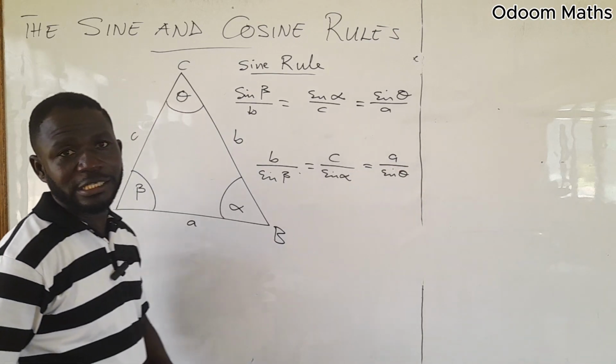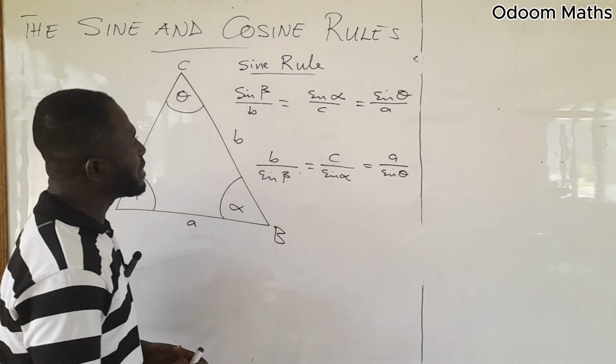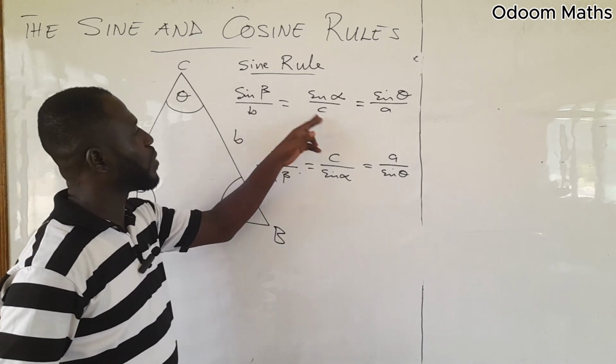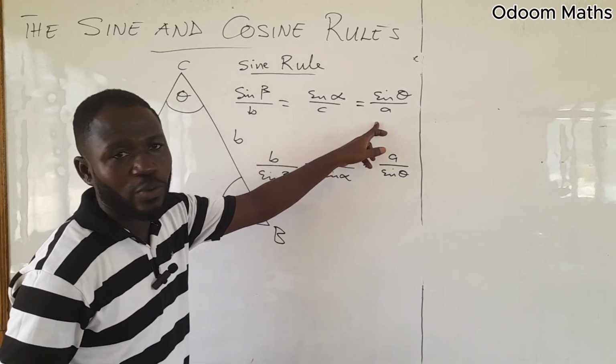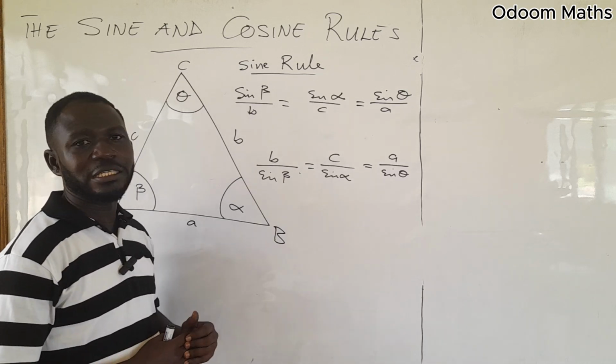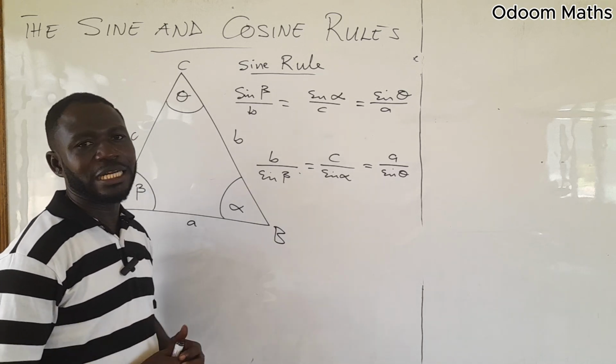And that is also correct, so the two are correct. Please, we are not going to use all three in a question; we'll use either this and this, or this and this, in solving a question. So let's go to the cosine rule, then we'll look at an example.